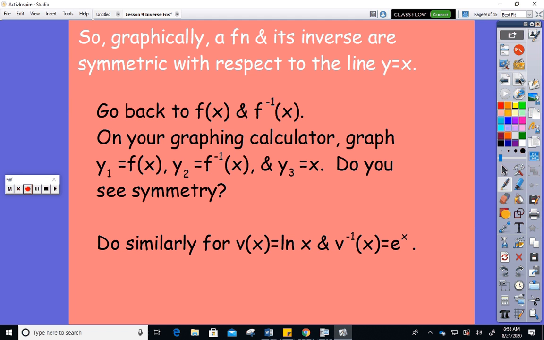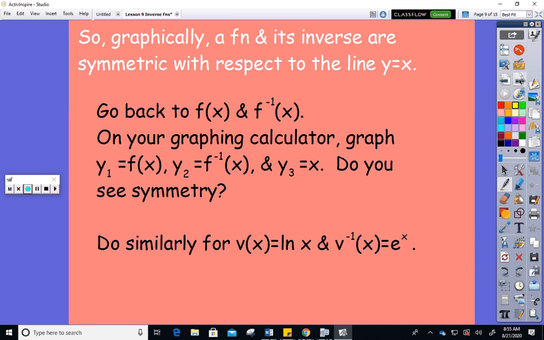So if we wanted to look at different ways that you could verify your work, okay, we know you can algebraically verify by doing something like f of f inverse of x and f inverse of f of x and work it out algebraically so that you get x both times. What if we actually look at our graphing calculator at different ways to verify?